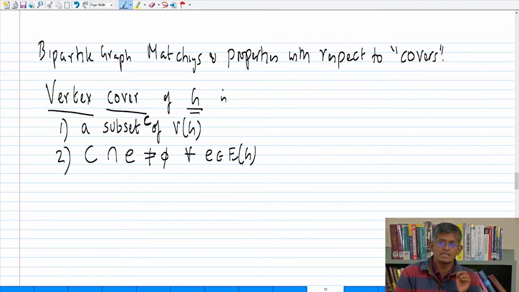Recall in the first lecture I said that an edge is a 2-element set. So C intersection E is not equal to empty means that the cover contains at least one vertex from every edge. Right? So let us just draw a picture.